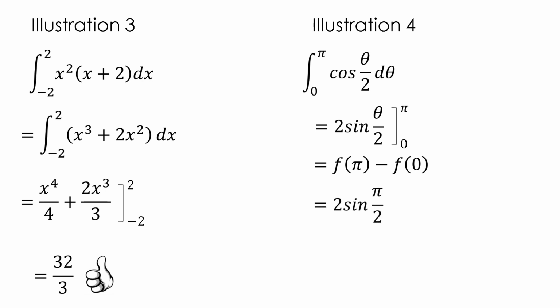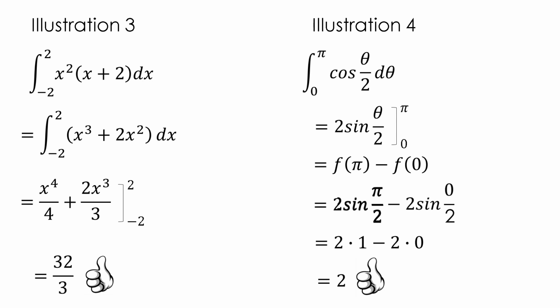The function of pi is 2 sine pi over 2 and the function of 0 is minus 2 sine of 0 over 2. We know that the sine of pi over 2 is 1 and the sine of 0 is 0. So we get 2 times 1 minus 2 times 0 with a final answer of 2.